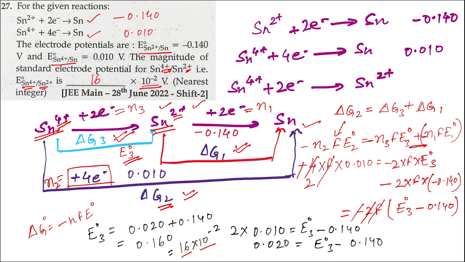This is the E naught 3 value when Sn4+ ion changes to Sn2+ ion, the reduction potential. And these are delta G naught 2, delta G naught 3, delta G naught 1.